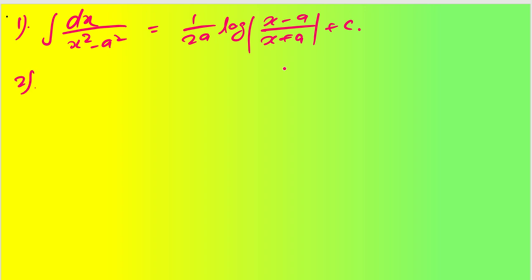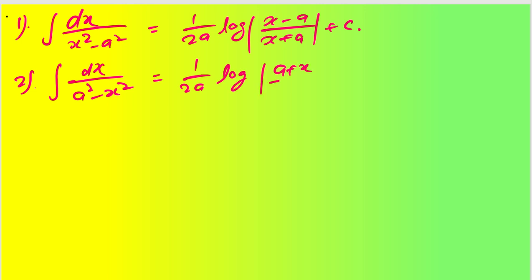Number 2 is integration of dx by a square minus x square. Just opposite, like x square minus a square was there, so a square minus x square. Then what will happen? 1 by 2a log of a plus x by a minus x plus some constant c.